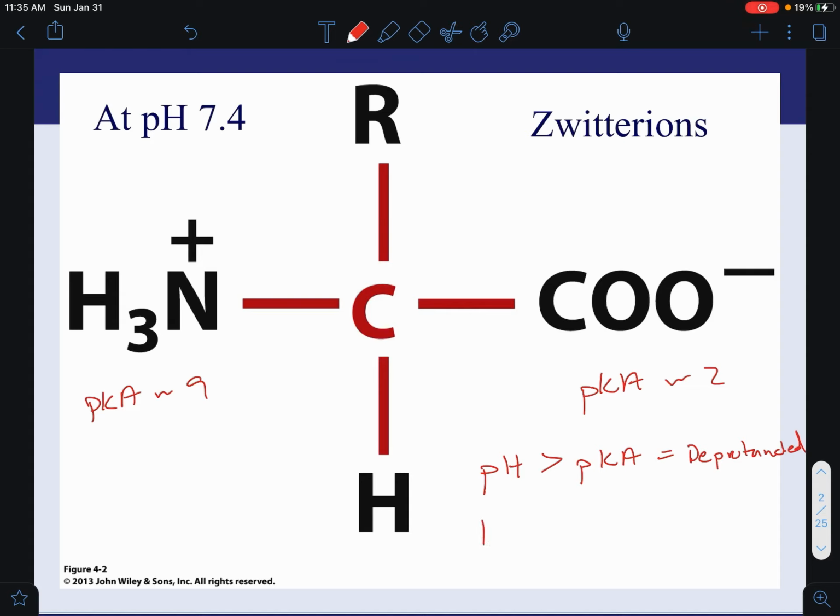But if the pH is less than the pKa, you are protonated. So this explains why the carboxylic group is missing its hydrogen, but the amino isn't. And this also goes into the R groups, and we'll touch on that a little bit later. But this is just a good starting way for you to recognize.